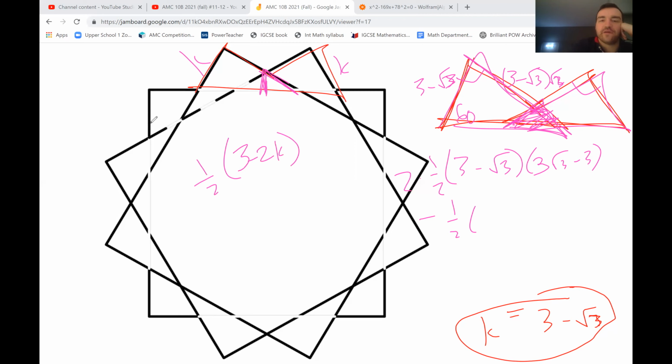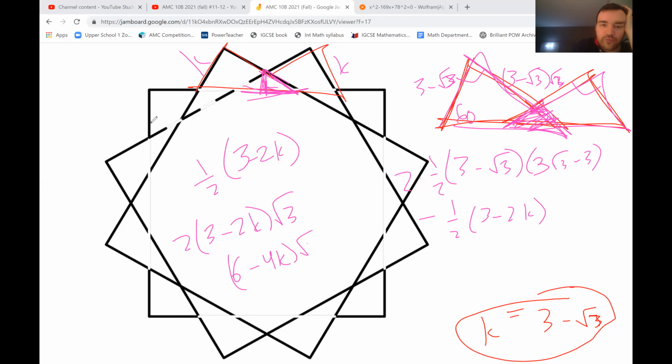So it's 1/2 times 3 minus 2k times the base. Now the base was 3 minus 2k root 3, but that was just half of it, so times 2. So 6 minus 4k root 3, right?